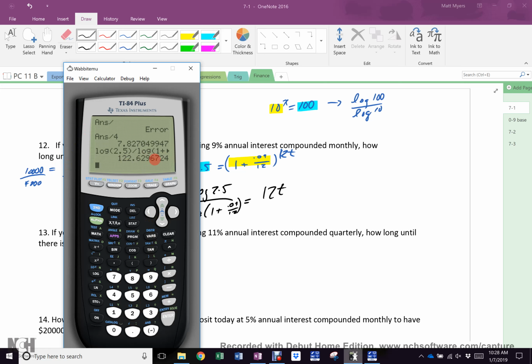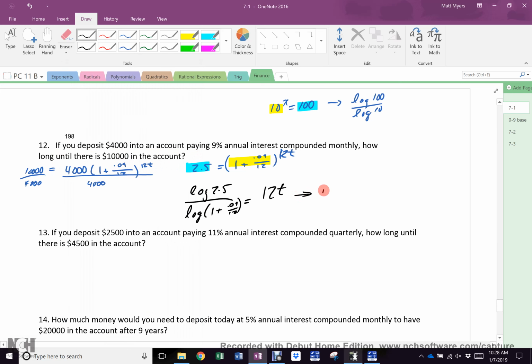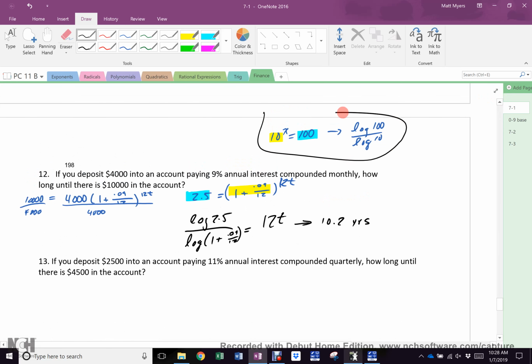And then what do I have to do with that? Divide by 12 again to get 10.2 years. Everybody cool? And then all the rest of them are exactly the same. The only thing you need to know how to do logs is that.